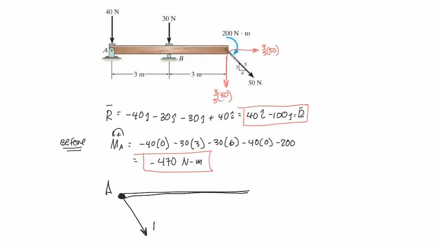This is the resultant force. It's going to be equal to 40I minus 100J. And it will have an equivalent couple, or the resultant couple will also be going in that direction. And if I draw it in the negative clockwise direction, then I shouldn't put a negative sign on there. So this will be my equivalent force couple system at A.